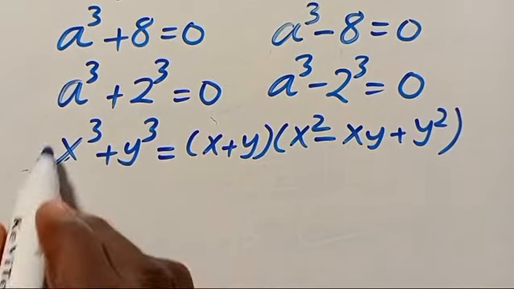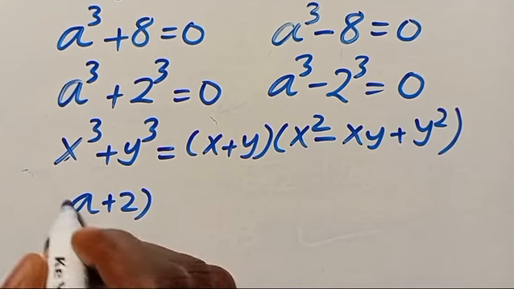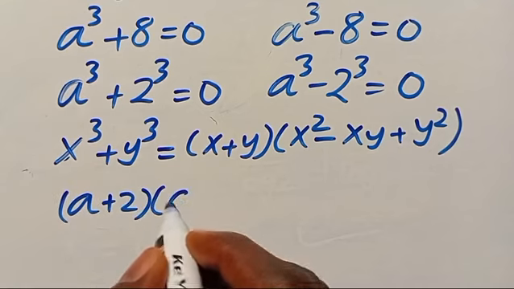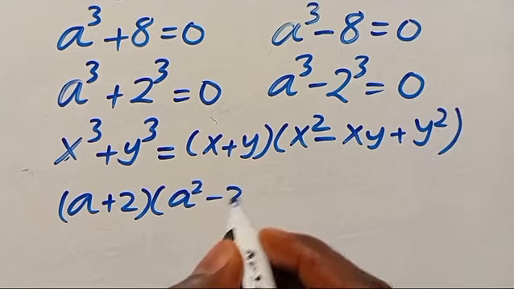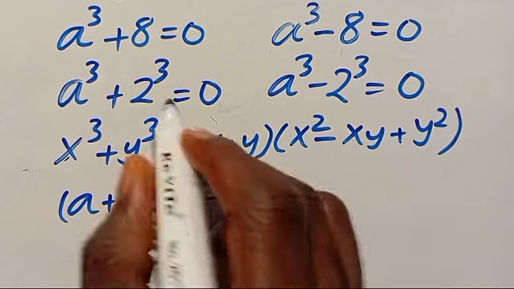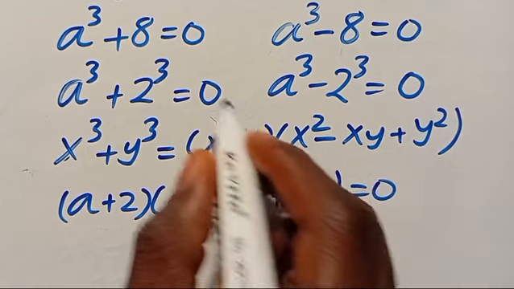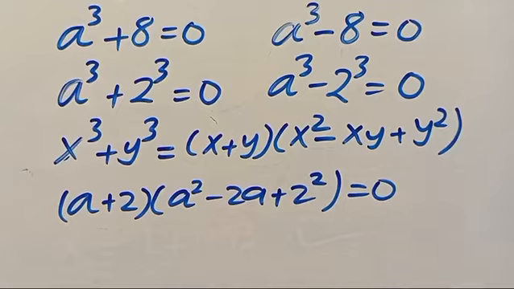So when you apply it to this, we are going to have a plus 2 in parentheses multiplied by a square minus 2a plus 2 square, still equals 0. Let's leave this one first.